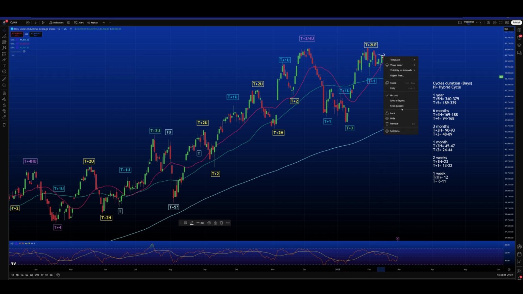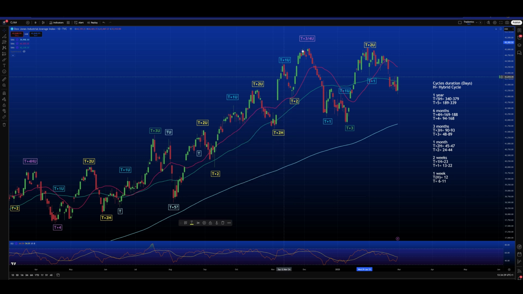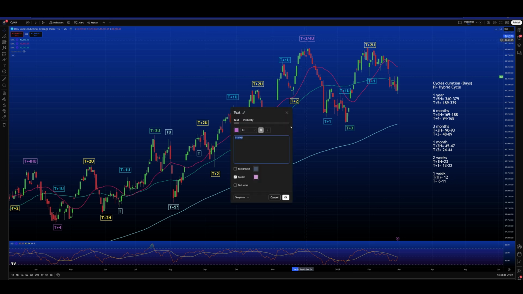So the analysis was correct. Now I can update the chart by saying that this is a T+2, so it's a monthly upward cycle, but I can also update the stop because we have more than a monthly cycle that is lower compared to this stop. Therefore, this is not anymore a T+3, but it's a T+4.